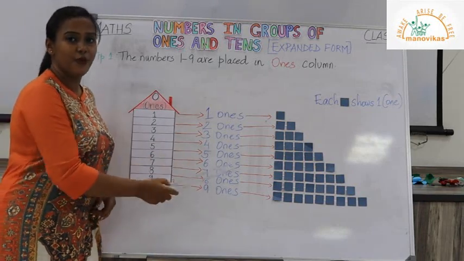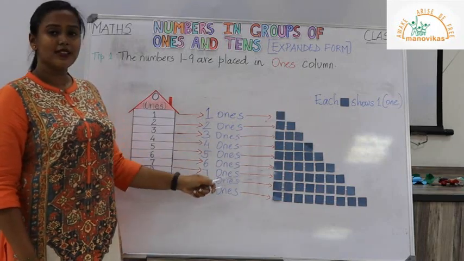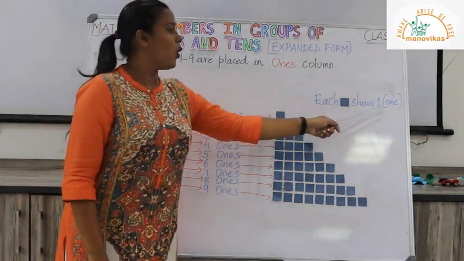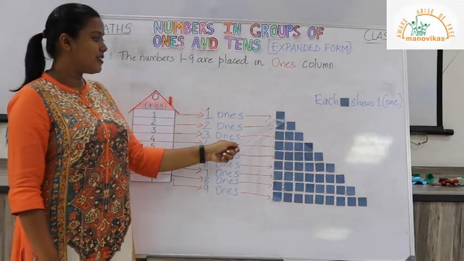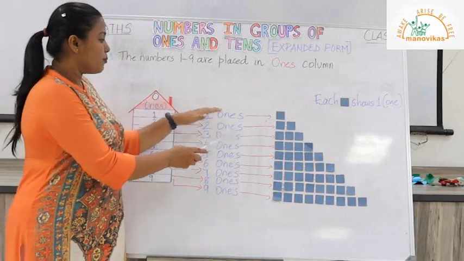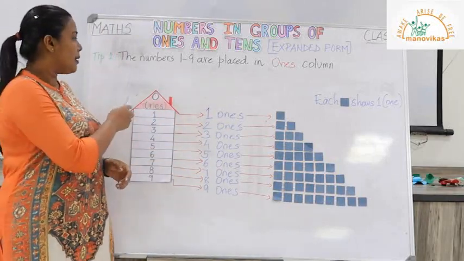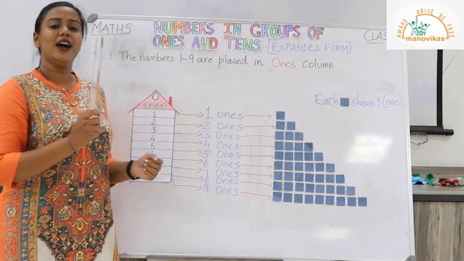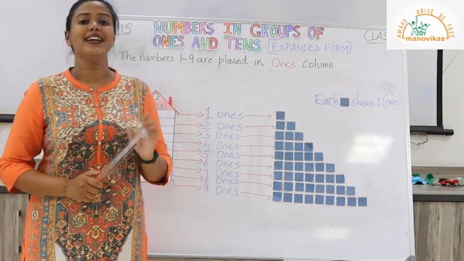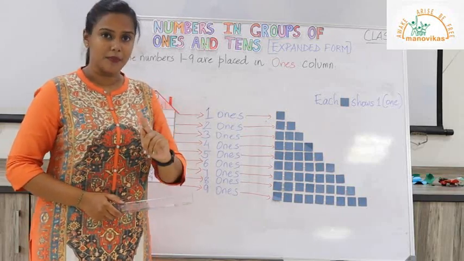Here I have put up a chart wherein you can see some squares, and each square shows one number. Before we move on, we know that the numbers from 1 to 9 are one digit numbers or single digit numbers, which means there is only one number.